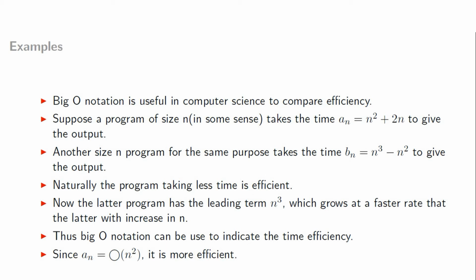Another size n program for the same purpose takes the time bn equal to n cube minus n square to give the output. Naturally, the program taking less time is efficient. Now, the latter program has a leading term n cube, which grows at a faster rate than n square. Thus, big O notation can be used to indicate the time efficiency. Since an equals big O of n square, it is more efficient.